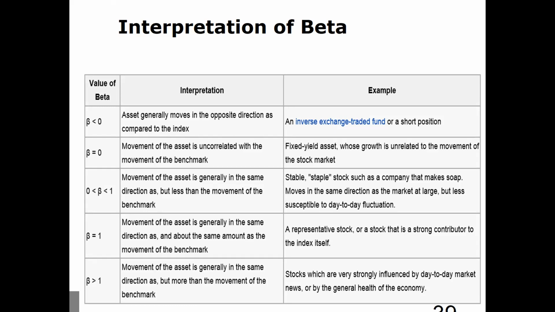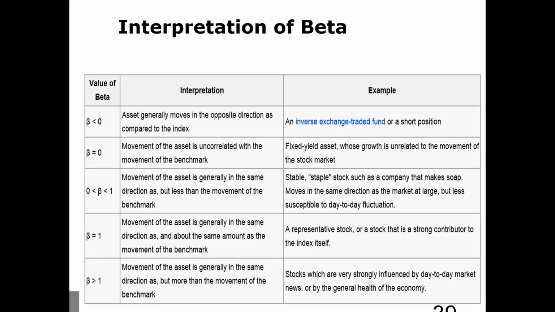Okay, next case, a positive beta that is less than 1. So in this case, the movement of our stock or asset is generally in the same direction. Why the same direction? Because the sign is positive, but the value is less than 1. So that means it is not moving by exactly the same amount as the general market, but nonetheless, the direction is the same because the sign is positive.